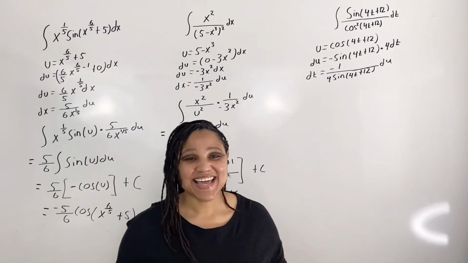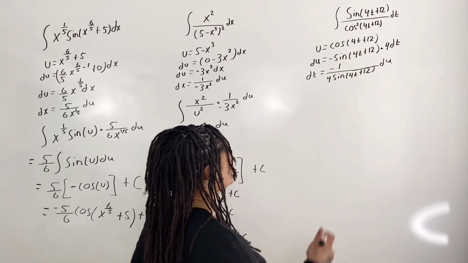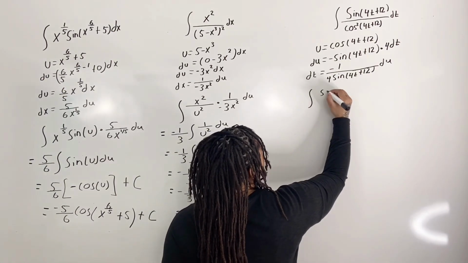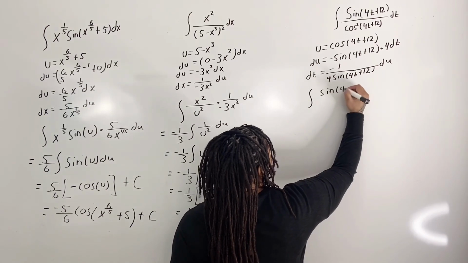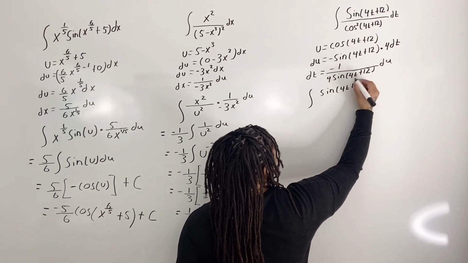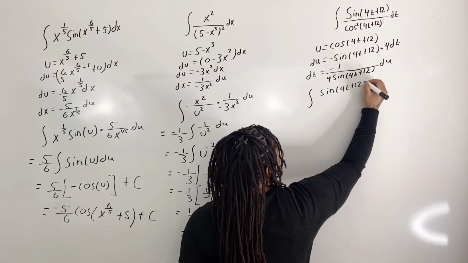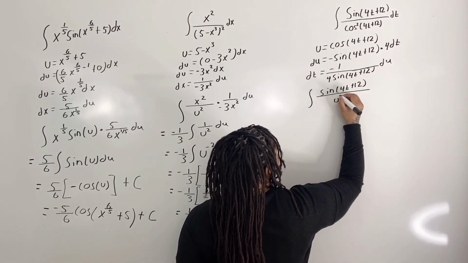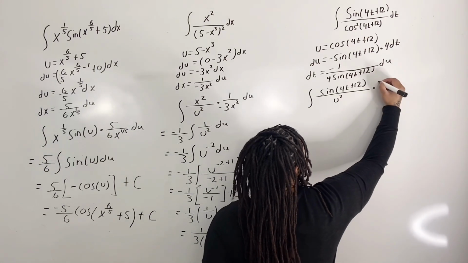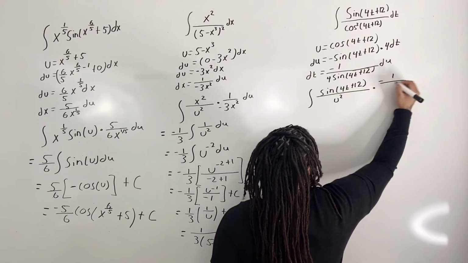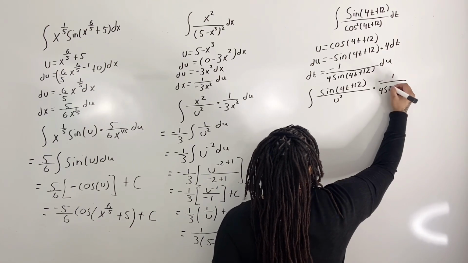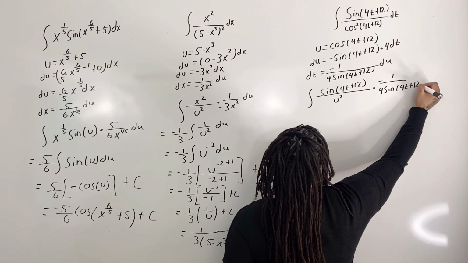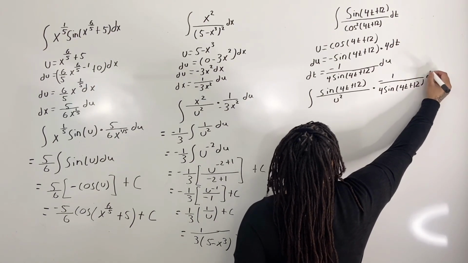Now applying our substitutions, we have the integral of sine of 4t plus 12 all over u squared times negative 1 over 4 sine of 4t plus 12 du.